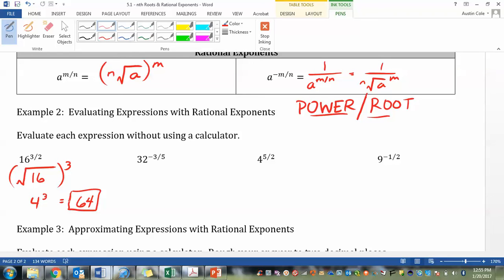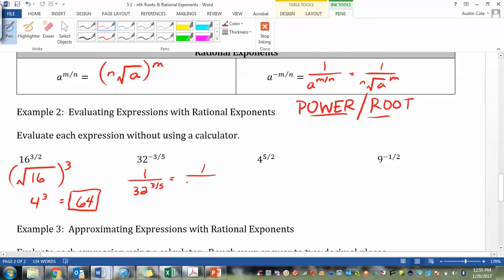First of all, I have a negative exponent, don't I? Do not like negative exponents, so we're going to make this the reciprocal. So I'm going to make this 1 over 32 to the positive 3/5 power. Okay, then I'm going to rewrite it and call this 1 over, my power is 3 and my root is 5.